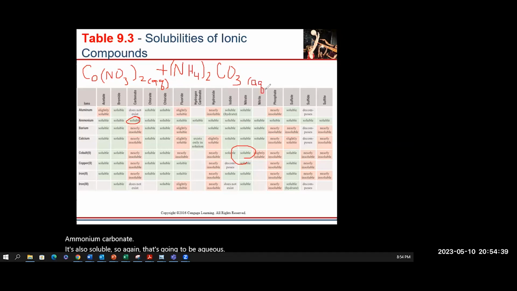So we know that this is going to be a double replacement reaction. That's the swingers party. So who hooks up with who? We're going to get cobalt 2 carbonate.